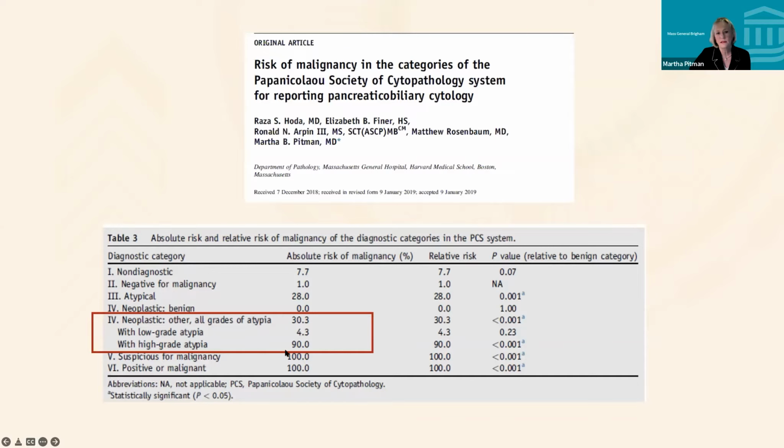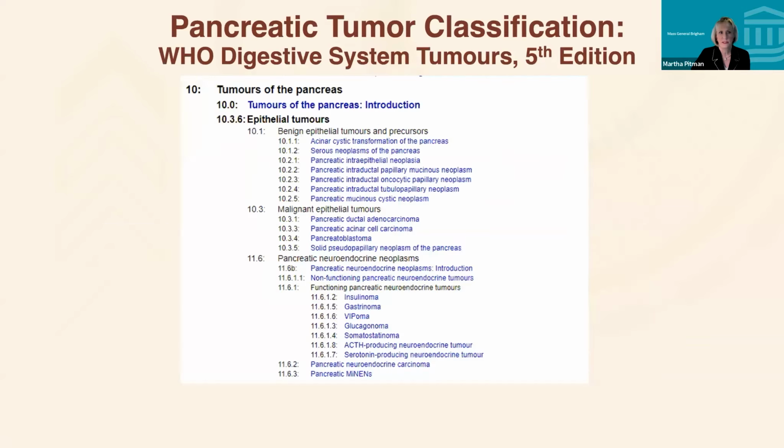So this great disparity between the risk of malignancy led to a problem with category 4 overall risk of malignancy. So we needed to do something about that in the WHO system.